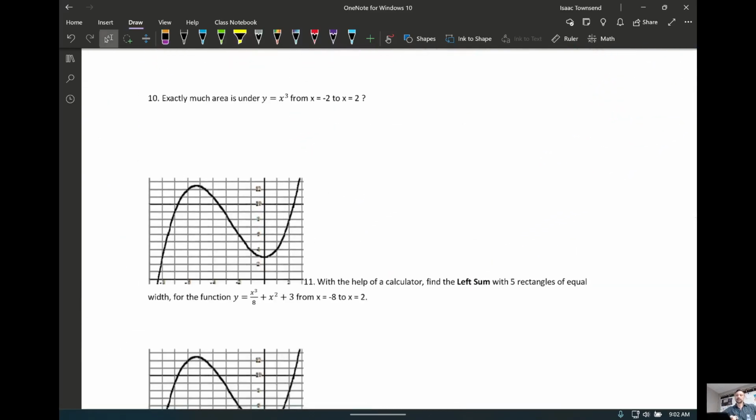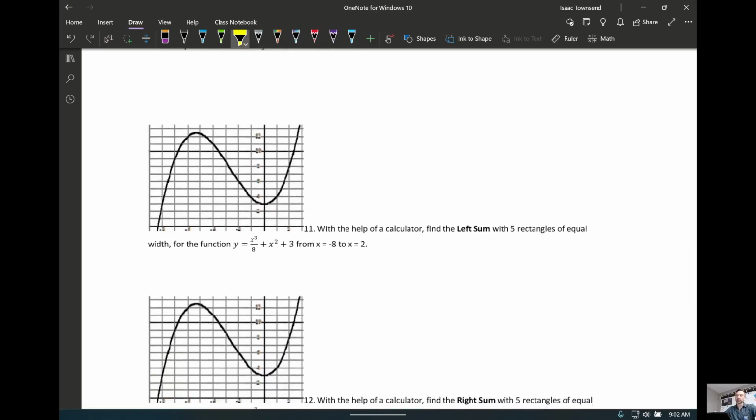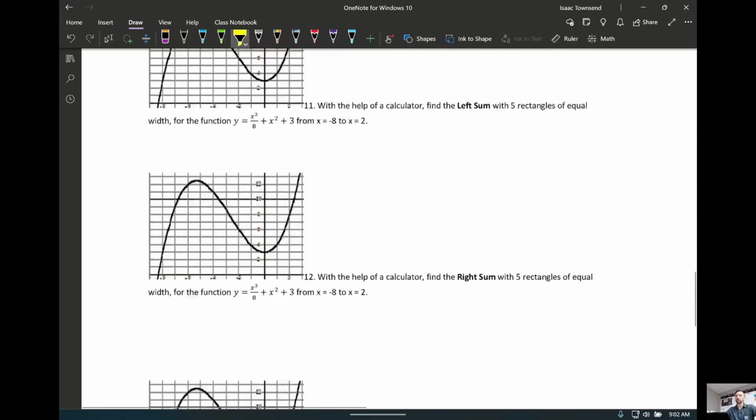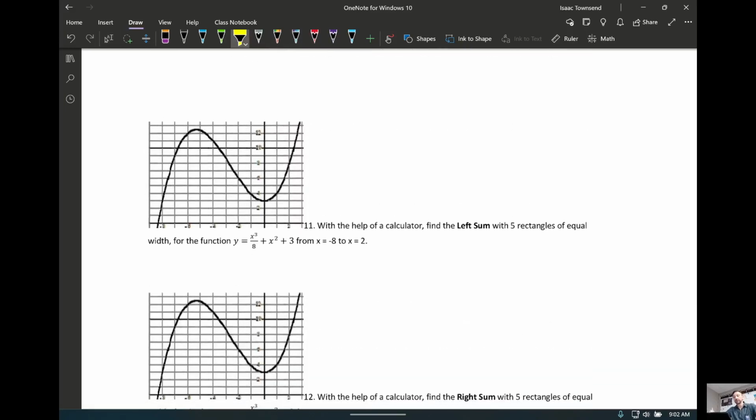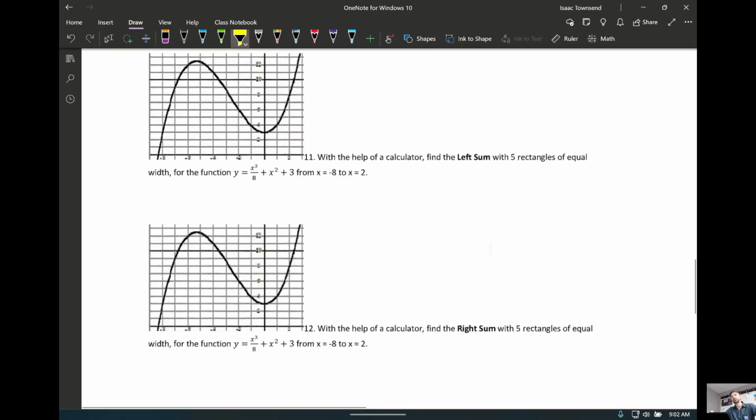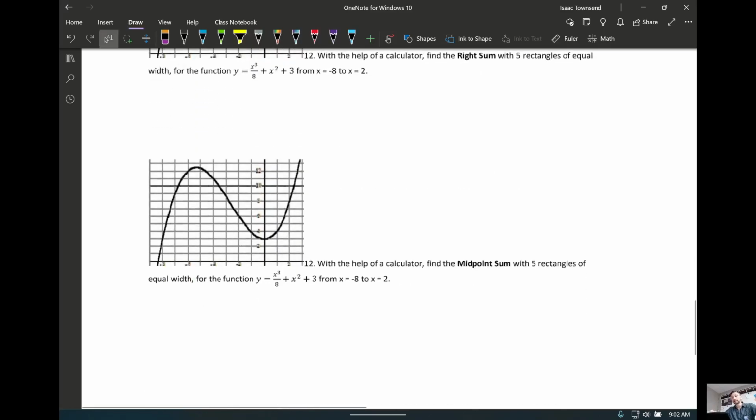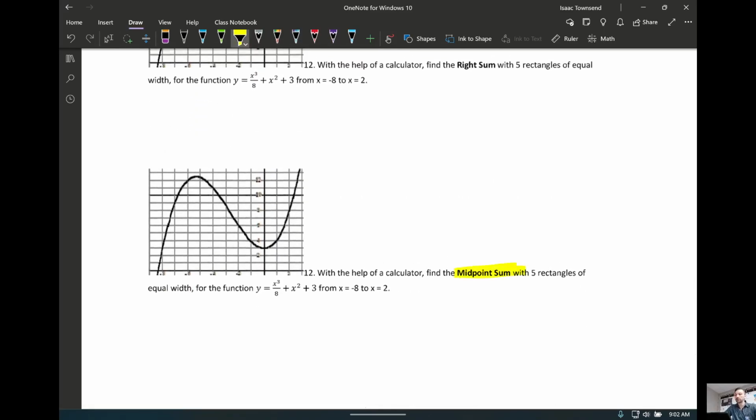Okay, so on the next page, this is the same thing, just a little harder function. There's a left sum, a right sum, and a midpoint sum. The left sum and the right sum should work out pretty nicely, but for your midpoint sum, you will want a calculator with this one. There are some decimals or fractions like the last one I just went over.